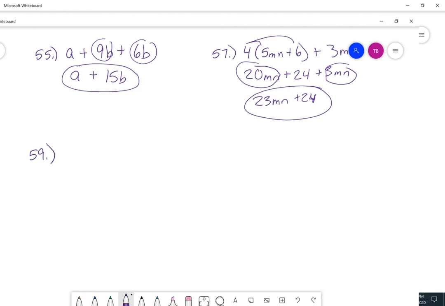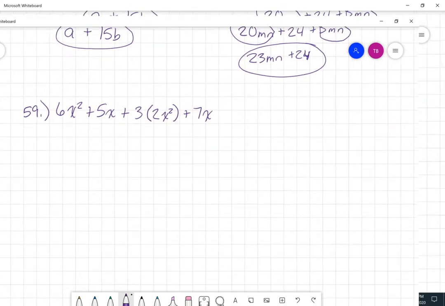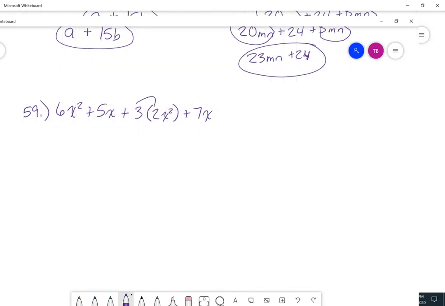59. 6x squared plus 5x plus 3 times 2x squared plus 7x. Okay, we're going to put like terms together. Oh, wait, first we have to multiply the 3 times the 2 to get 6, and that's x squared.